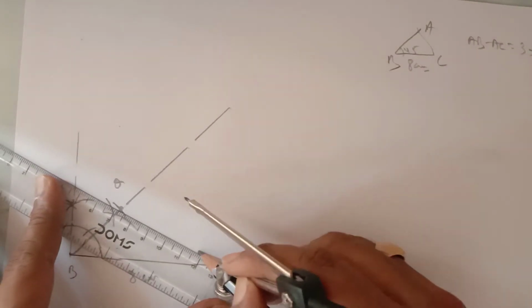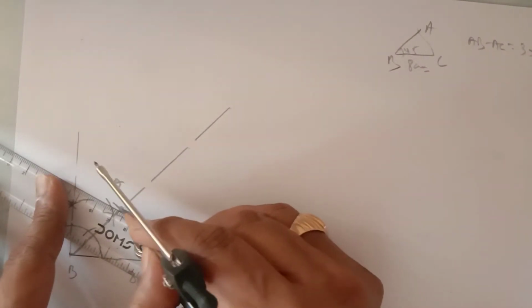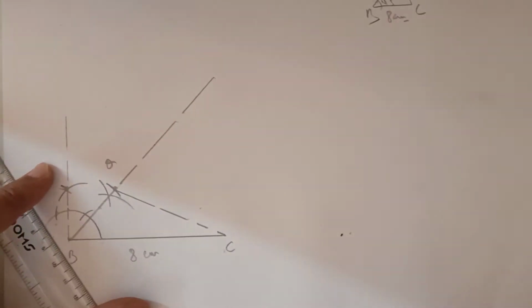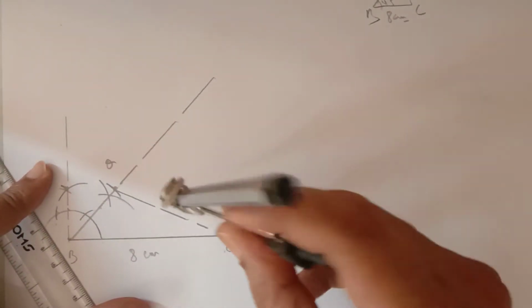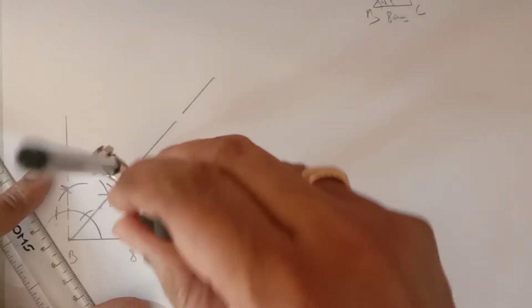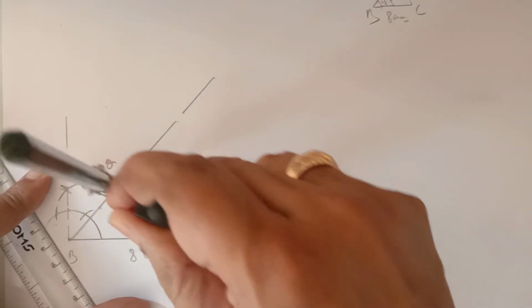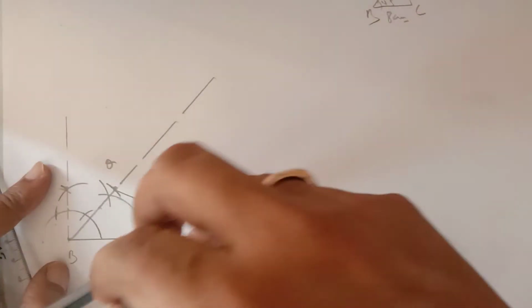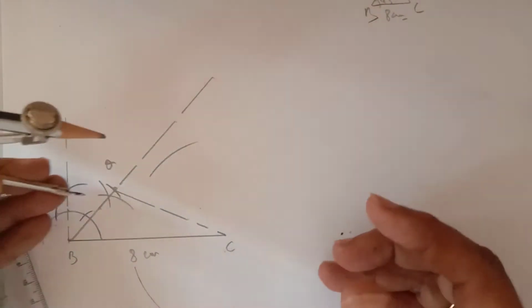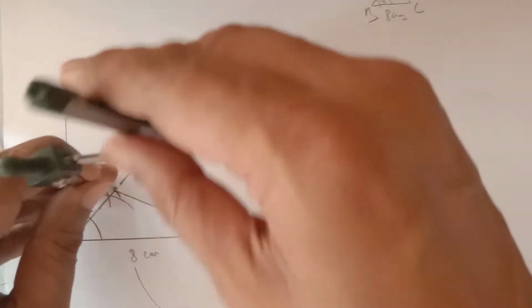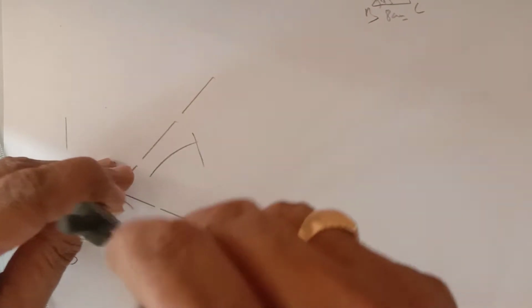and join with C, and draw the perpendicular bisector of QC. You know how to draw the perpendicular bisector? Take a radius more than half of QC. For the perpendicular bisector of QC, you have to take the centers as Q and C, like this.